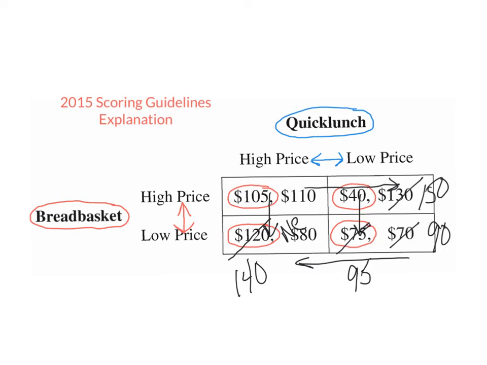The reason is that they will earn higher profits because the amount of $90 exceeds the $80, or profits increase by $10. Lastly, would the profits for Breadbasket increase, decrease, or stay the same? The answer is Breadbasket's profits would decrease from $120 to $95.